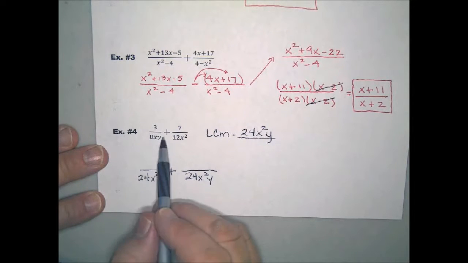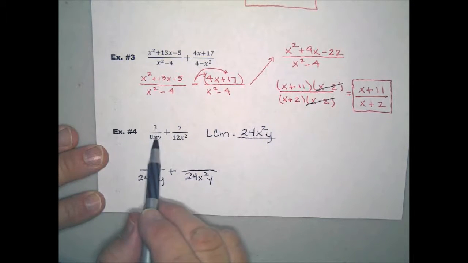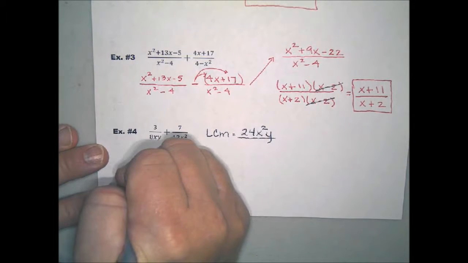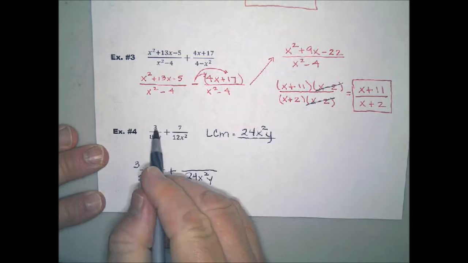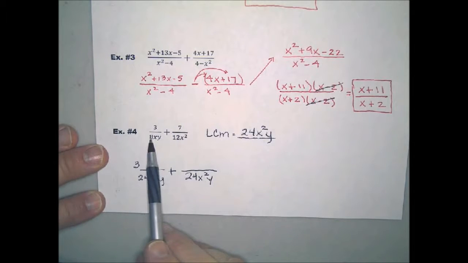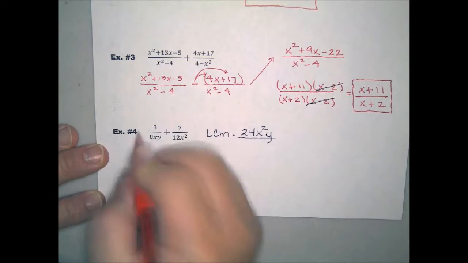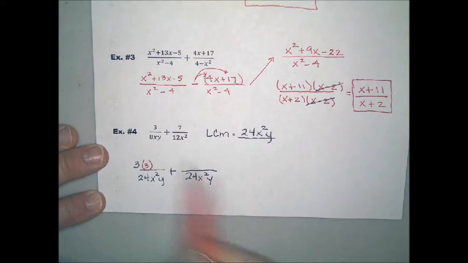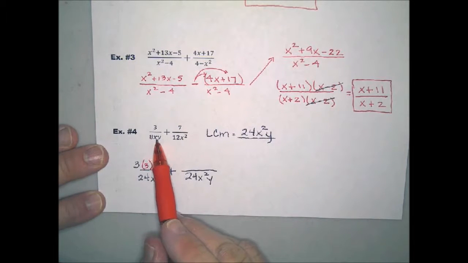Now we have to figure out, what do you have to do to each of these fractions to increase the denominator to be 24x squared y? Well, we're going to take this 3 right there, and what does it take to turn 8 into 24? Well, it takes multiplying by 3. So that 3 would be needed to multiply by 3.